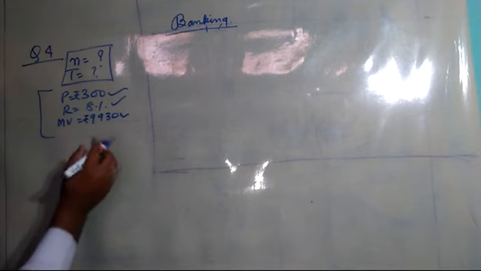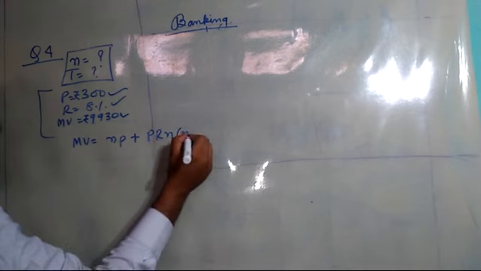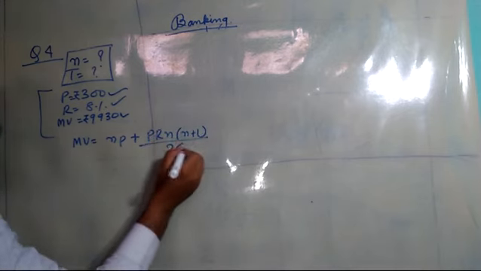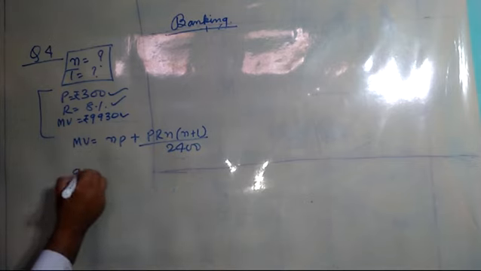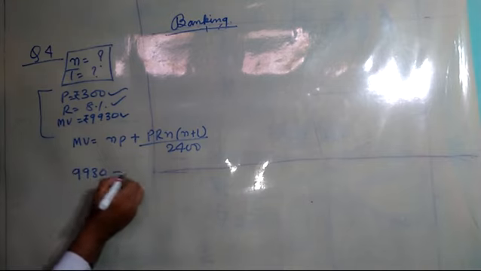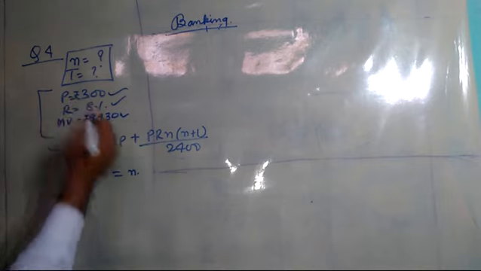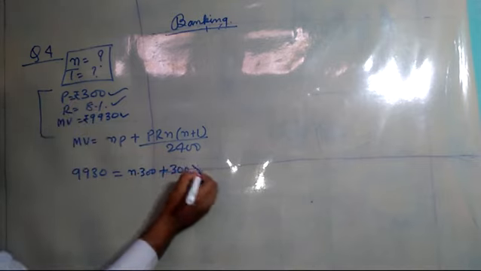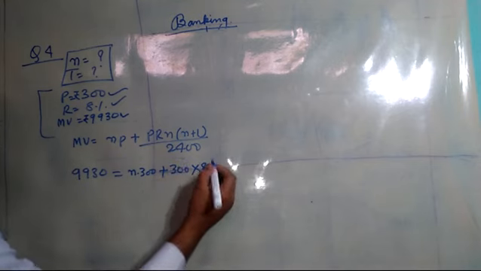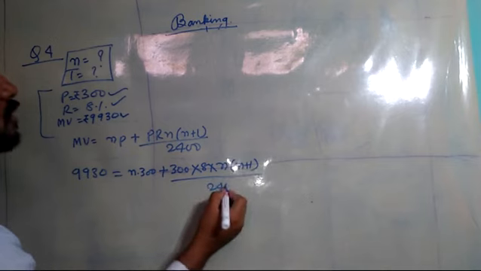So let us substitute the values. MV is equal to NP plus PRN into (N plus 1) by 2400. This is our basic formula. Now we have maturity value, so I can write 9930. N is equal to how much? Unknown. So N. Principal is rupees 300 plus 300 into rate 8% into N, N is unknown, (N plus 1) by 2400.